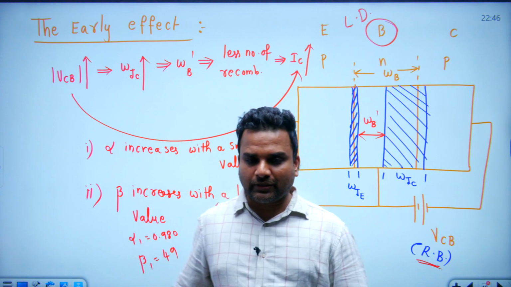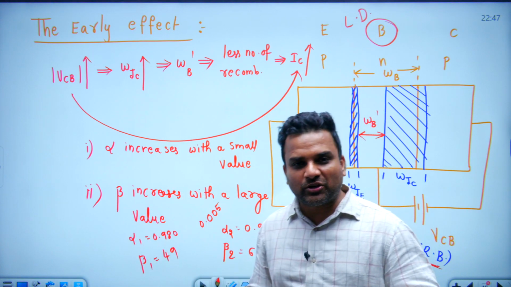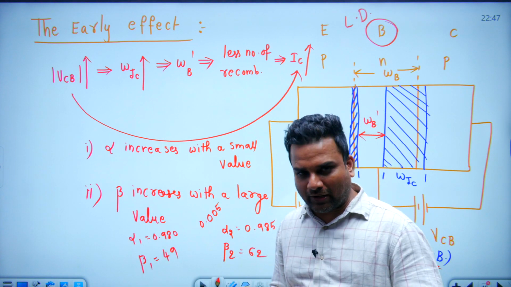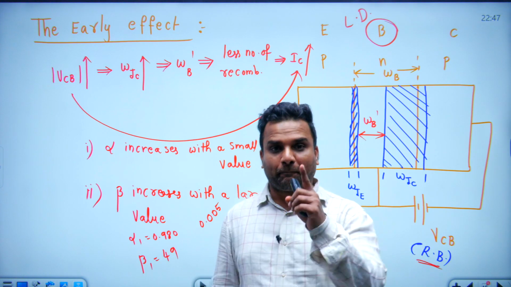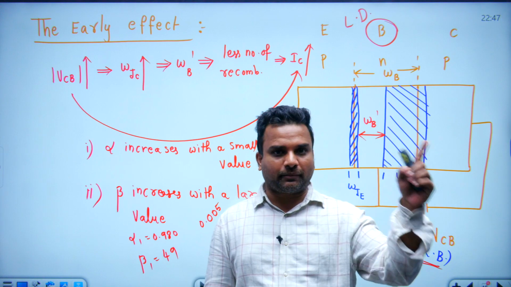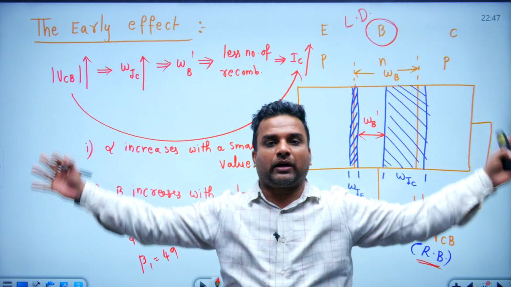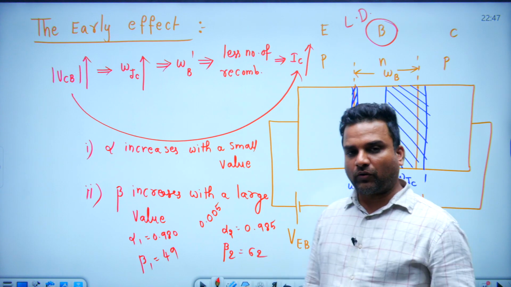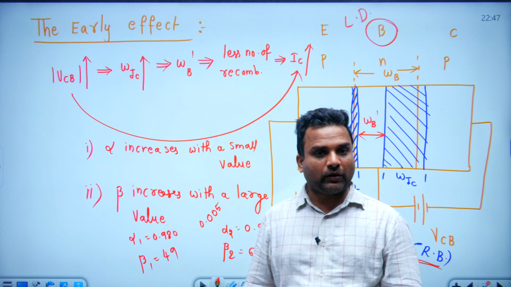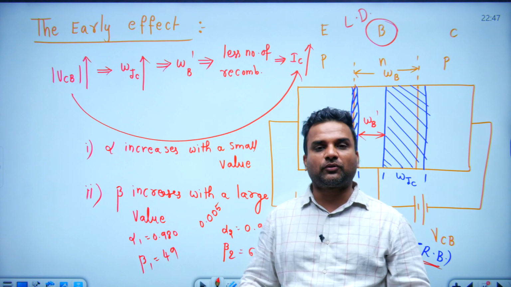So you see, we assumed the increment in alpha is only 0.005, but it has shown on beta with a large value, nearly 40%, 49 to 62. That is the point.